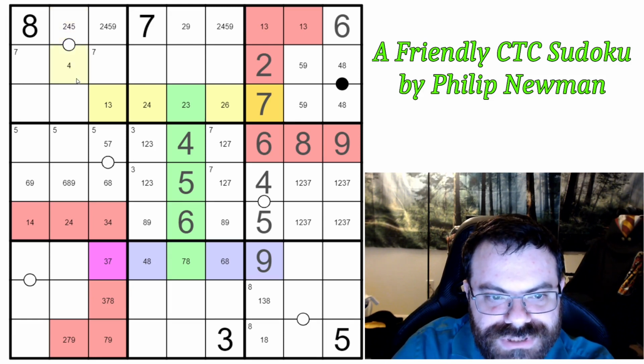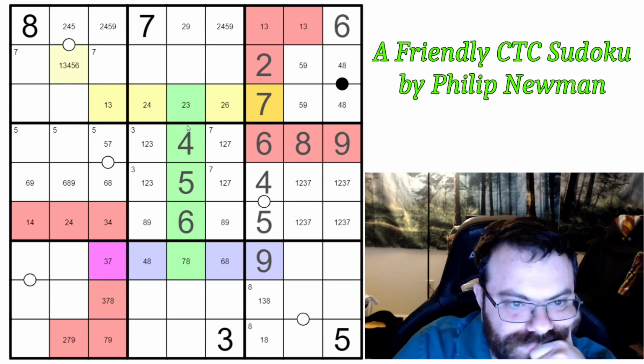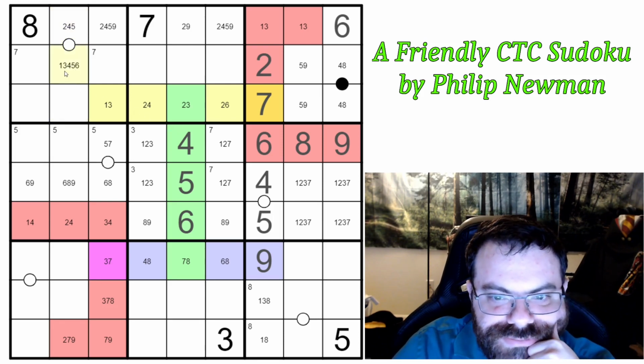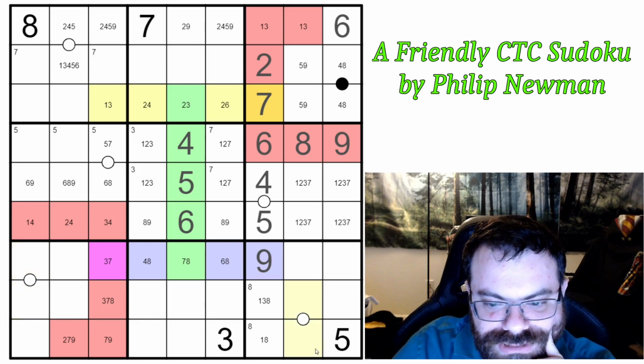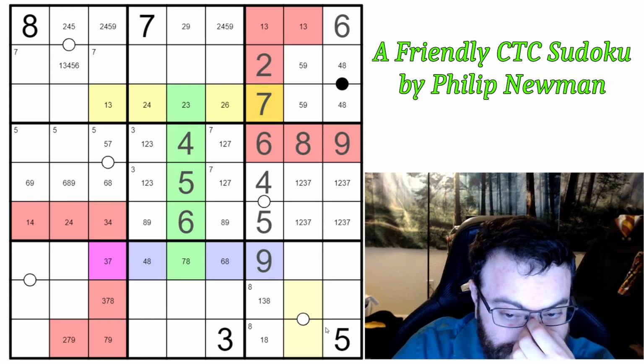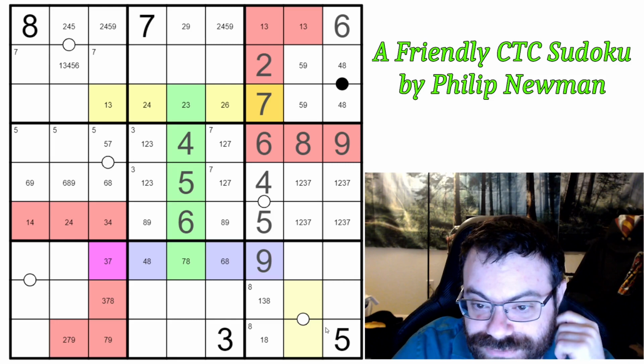5 is 4 or 6. 4 is 3 or 5. And 2 would be with a 1. That's just so many. As far as I can tell, none of it's eliminated. What other white dots do I have? This we know nothing about. This one can't have a 9 or an 8 or a 5 on it.